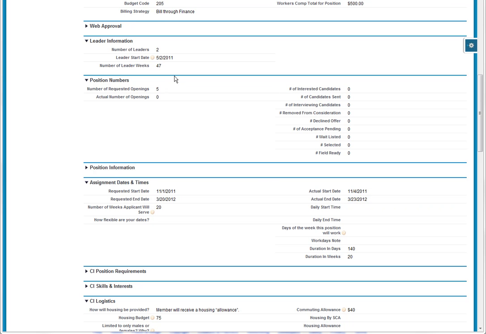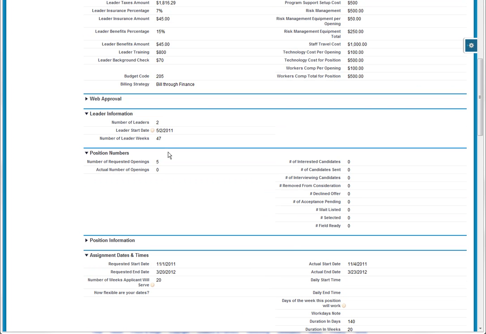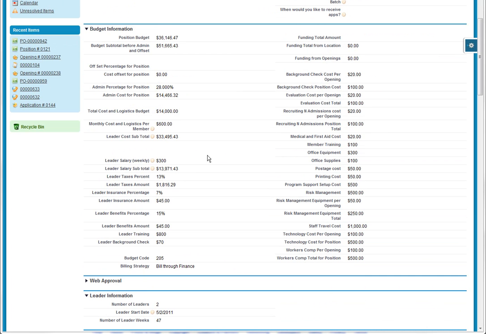So now that we have an actual end date, we can see the total number of weeks for leaders is at 47, which gives us our total of leader salary subtotal, and then leader cost as a whole subtotal that's up there. We also are going to have some cost logistics per member. I want to take a look at that in a second.